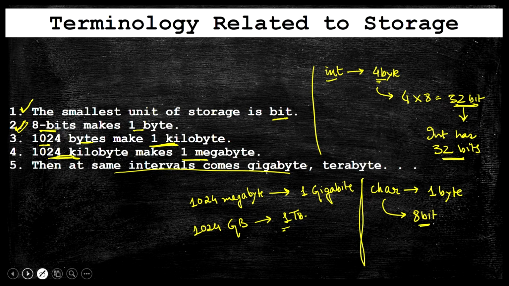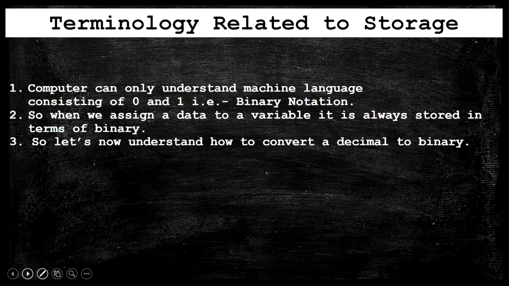Now let's come to the methodologies in which the computer stores the data. Here it reads that the computer can only understand machine language. We have learned in lecture 1 itself that the computer can understand only one thing, that is machine language, which consists of 0 and 1, which is the binary notation. That is, when you declare a variable with a value, it is stored in the memory after being converted to binary notation.